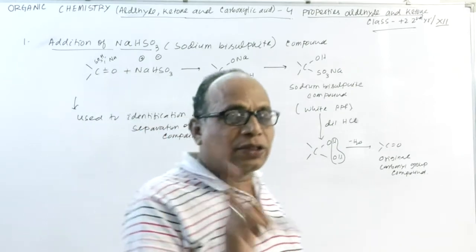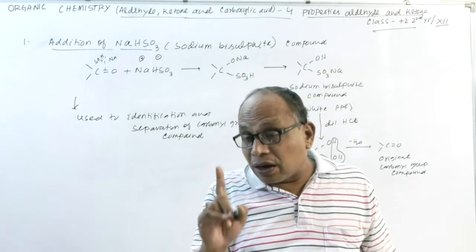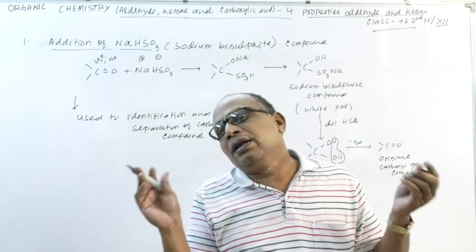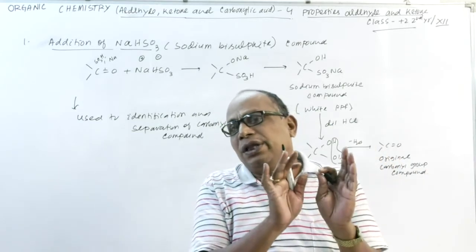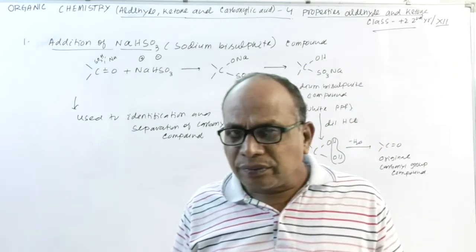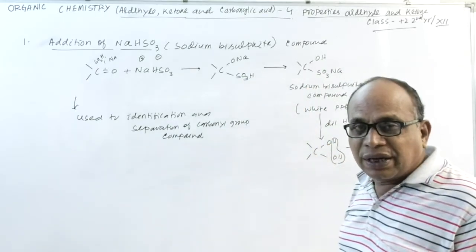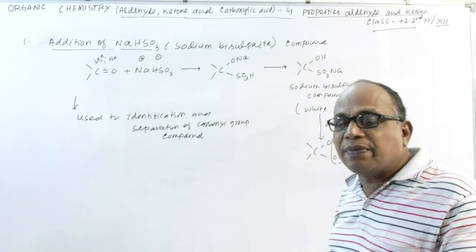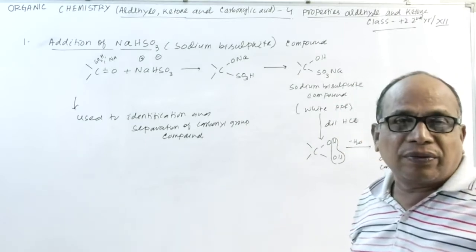This method can be used to identify whether a carbonyl group compound is present or not, and you can separate it from others. When the mixture is treated with sodium bisulfite, all the carbonyl group compounds react to give a white precipitate, which is filtered, and the residue, on treatment with dilute acid, gives back the corresponding aldehyde or ketone.